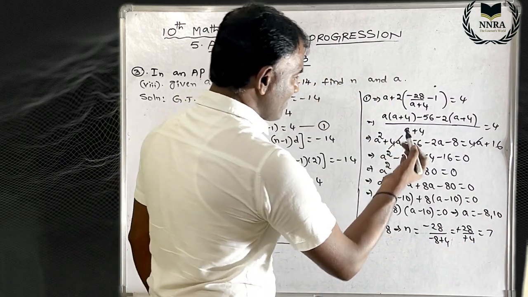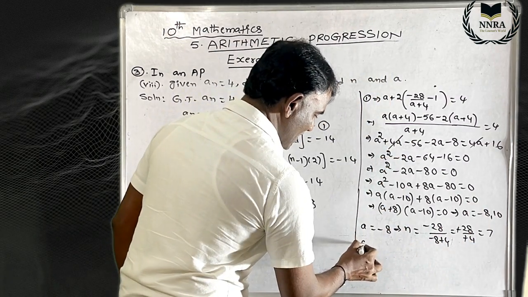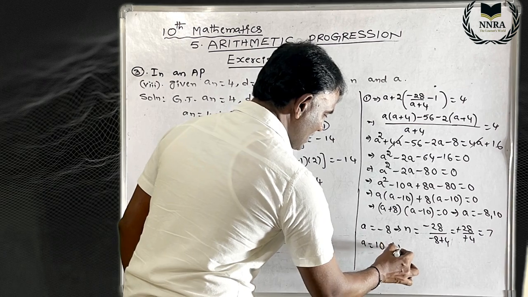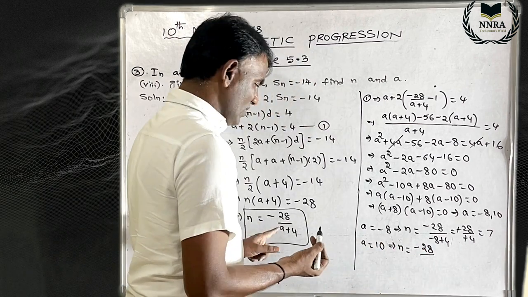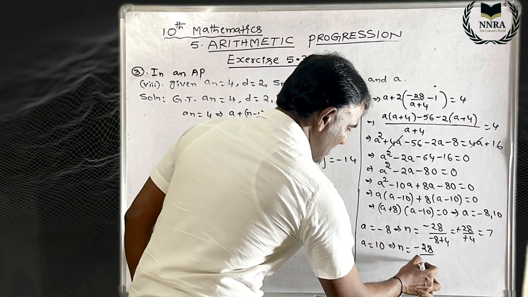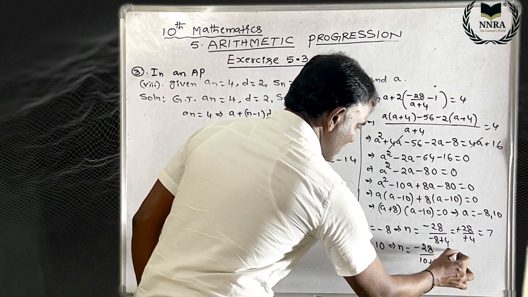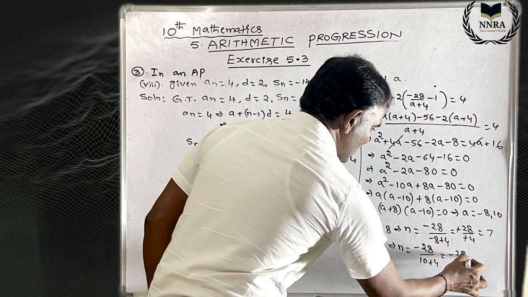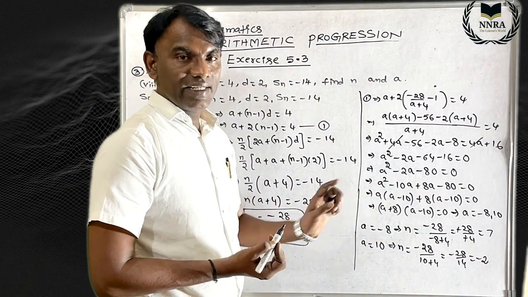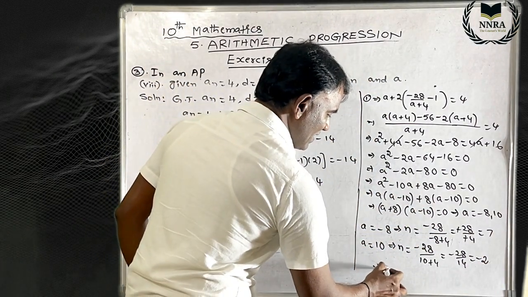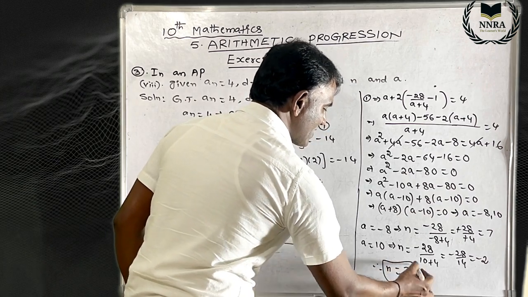And if you take the other value of a, a equal to 10, clear? Now what is the value of n? Minus 28 divided by a plus 4, the a value is 10, so 10 plus 4. So minus 28 divided by 14 equal to minus 2. But it is negative, so neglect that value. Then what is the value of n? n equal to 7 is the final answer.